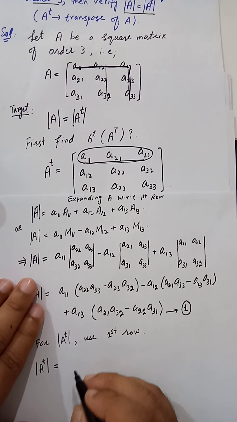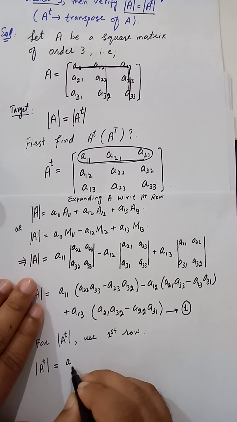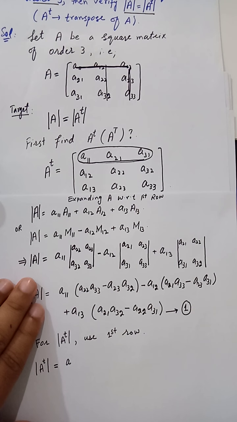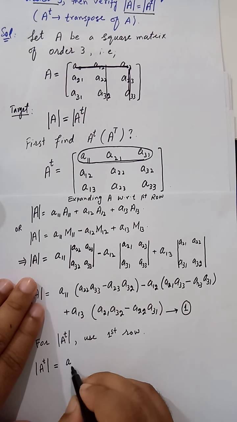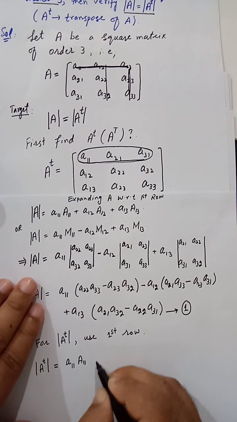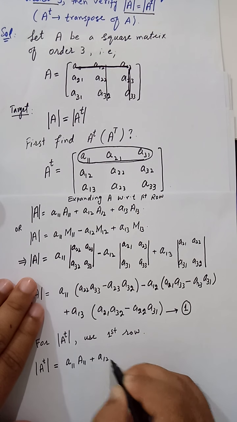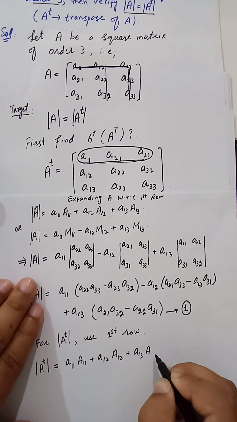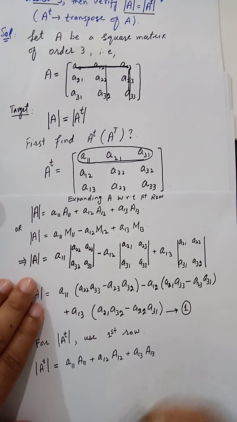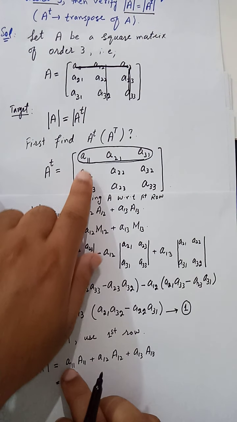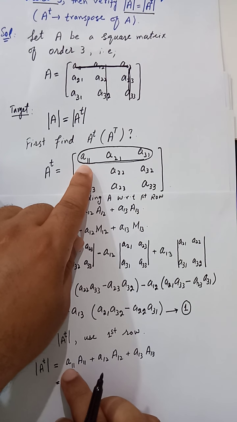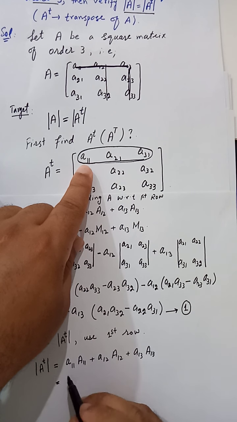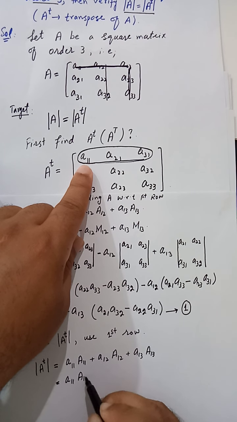But remember, whenever you are expanding a matrix with respect to the first row, the formula is in general written in this form. But in this case, you clearly see that the element present in the first row and first column is a11, so this is capital A11.